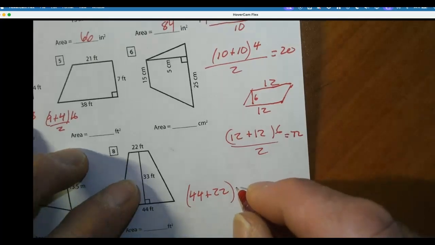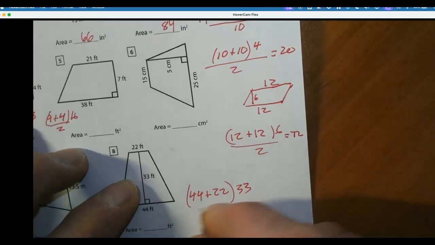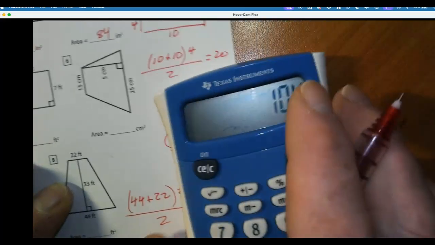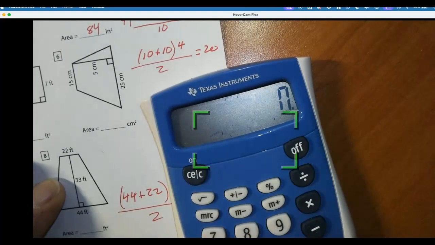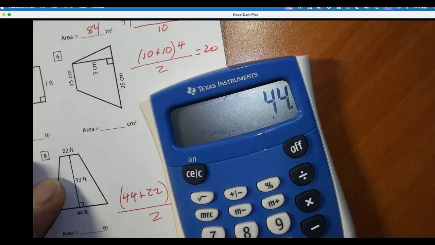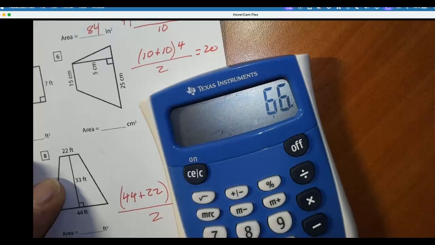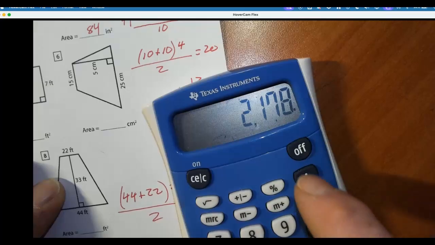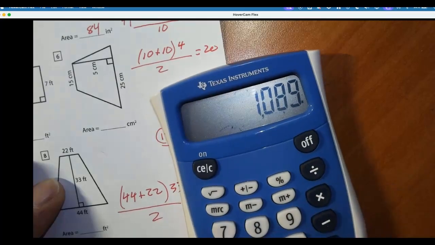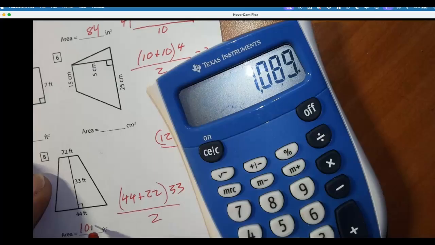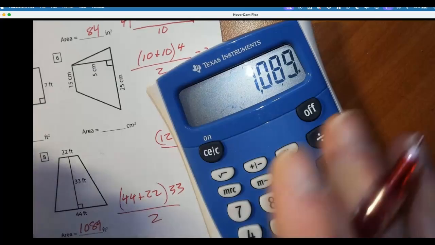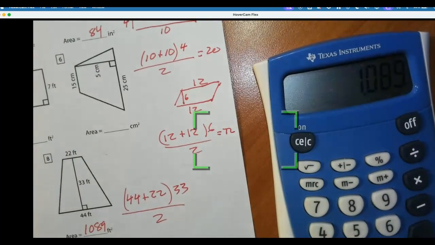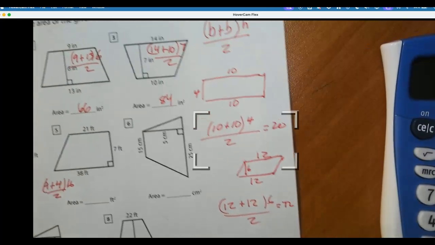Here's the height times 33, and then we'll divide that whole mess by 2. So 44 plus 22 equals 66. I'll take that times 33. That's a big number. And I'll divide that dude by 2. 1089.